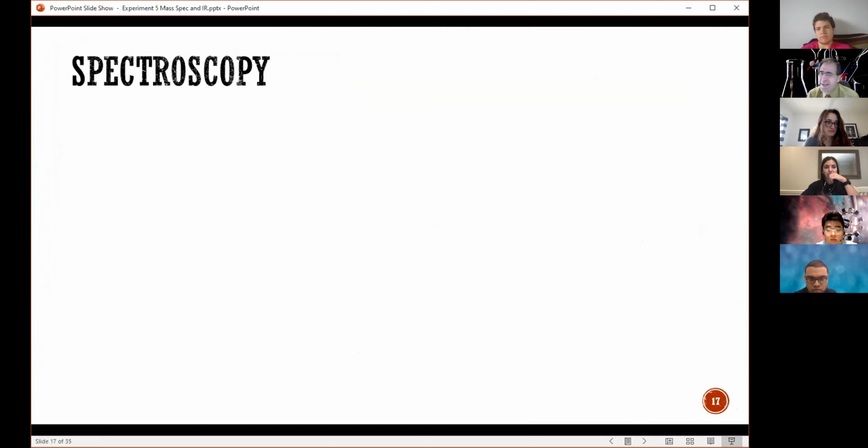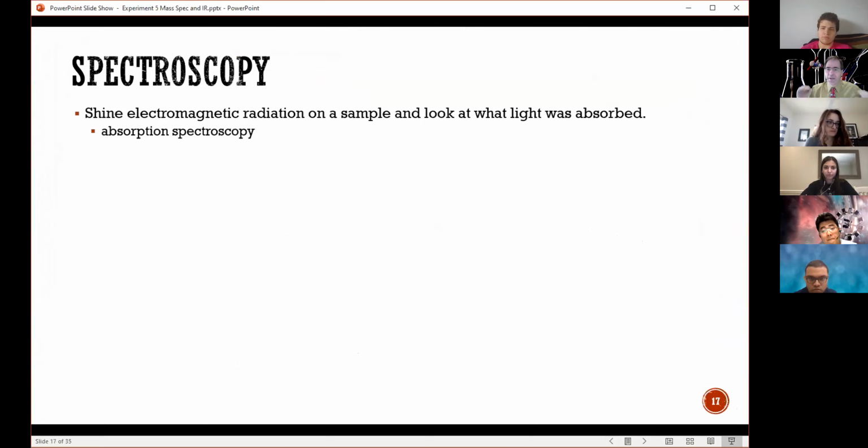I want to take a moment and remind you of something very basic about spectroscopy. With electromagnetic spectroscopy, we shine electromagnetic radiation, light, on our sample. The sample absorbs some of that light, and we look at what came through compared to what we put in, so we can say what was absorbed.